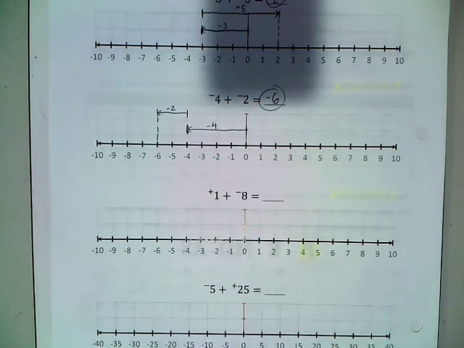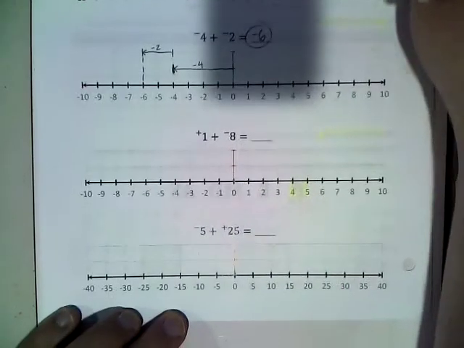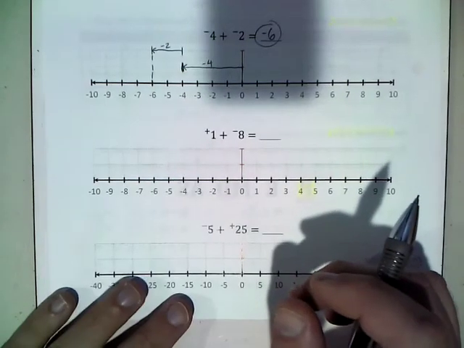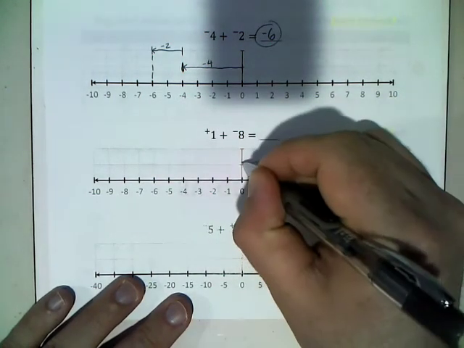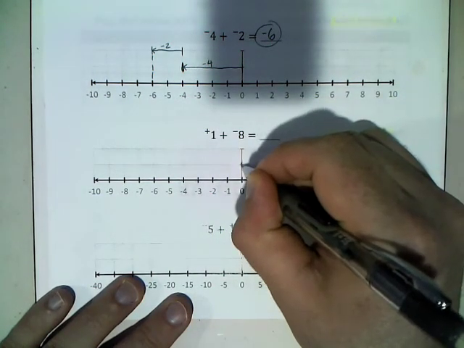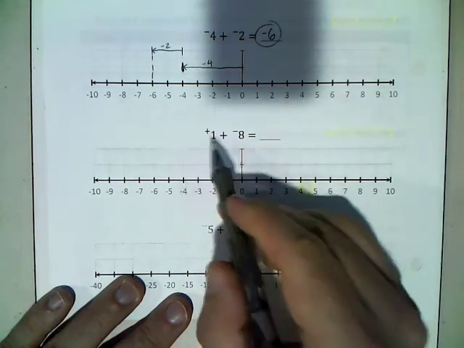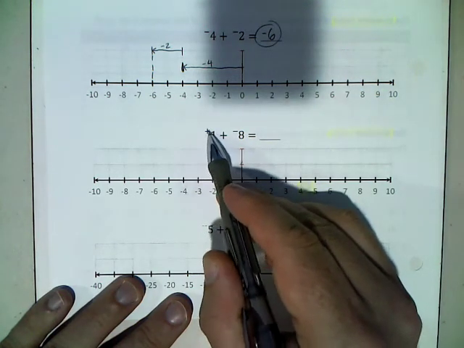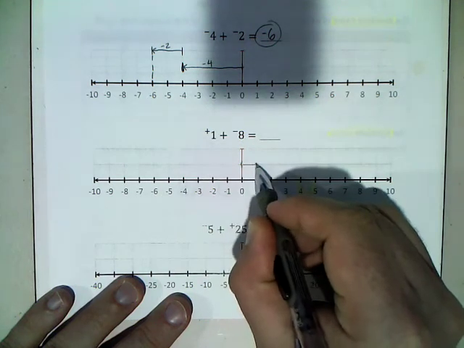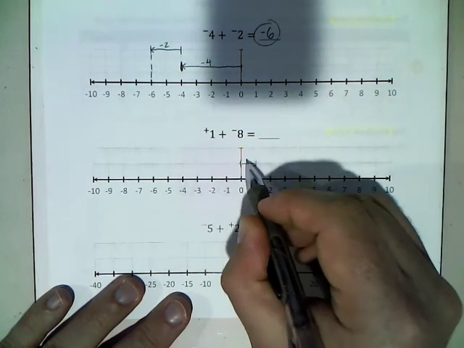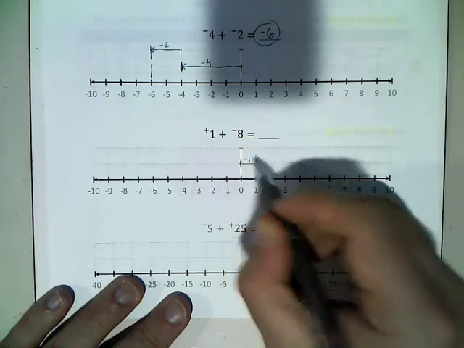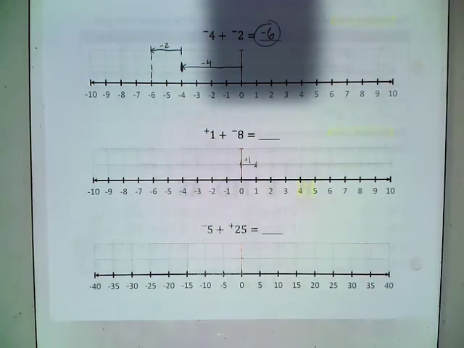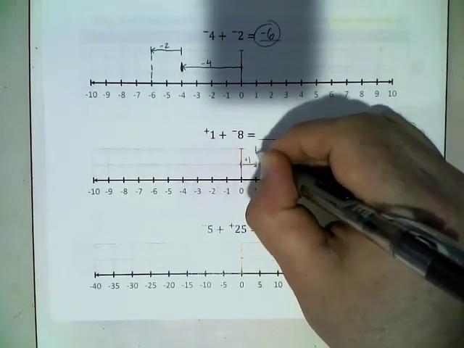All right, let's keep going. So next example, we have a +1 plus a -8. So this time, we're starting with a positive. So +1 tells me to start by going 1 unit, but go to the right. So that's going to be a short arrow. So there's my +1, just 1 unit to the right. And so we'll start where we left off.